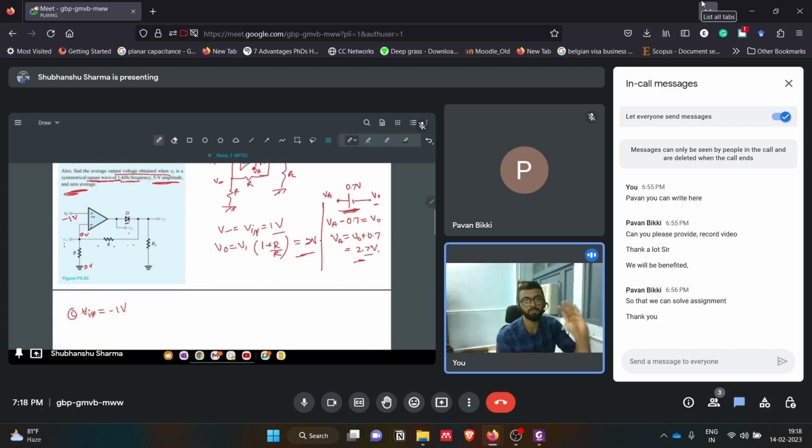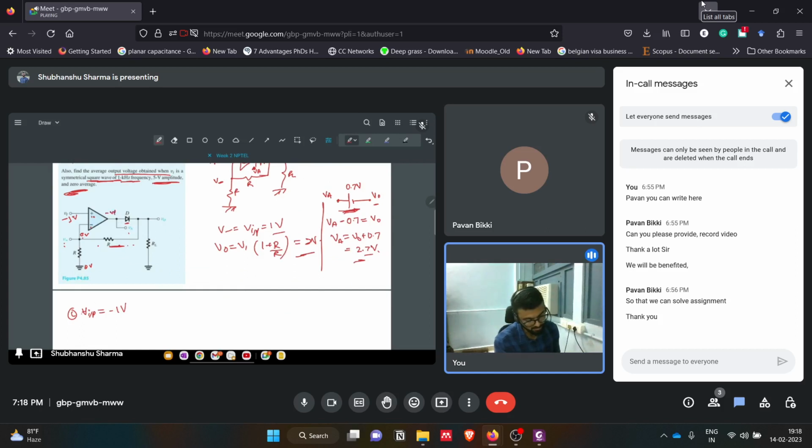Again we don't know the state of the diode, whether it is on or off, and we don't know what is going on in this feedback, so we'll consider this 0 volt. This minus 1 volt is given to the non-inverting side of the op amp, and the inverting side is 0 volt. So it will give a negative output.